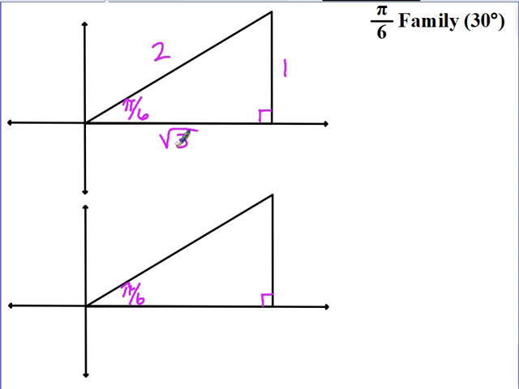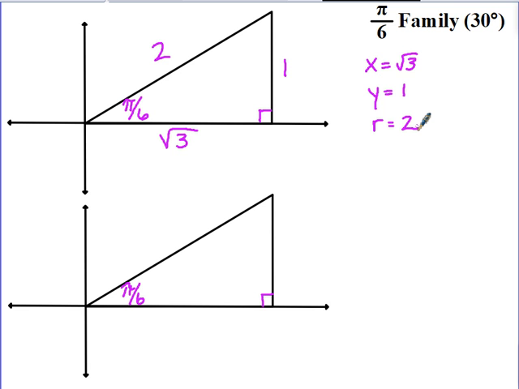So again, I've taken the same 3 values from the first slide, my special right triangle. I've just oriented it in the first quadrant. So I can see that my x value is square root of 3. My y value is 1. And my r value is 2.